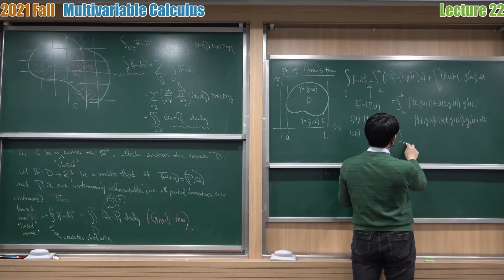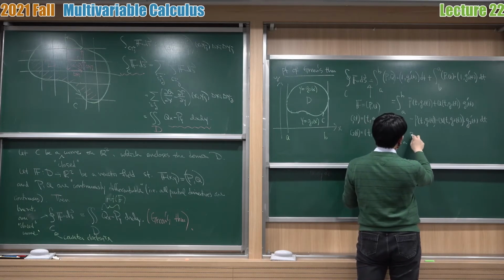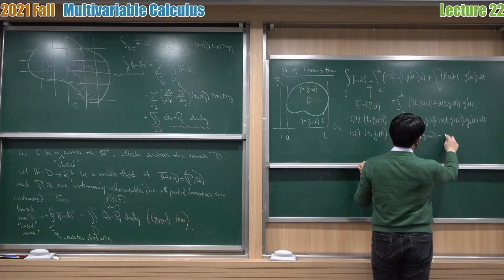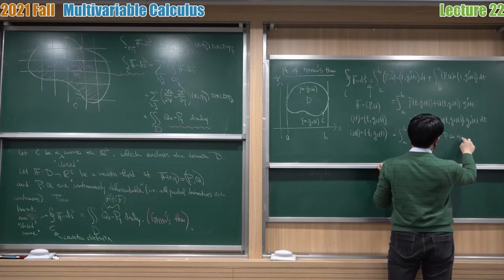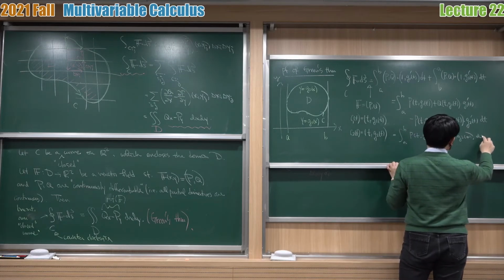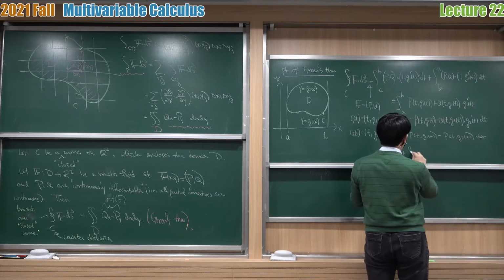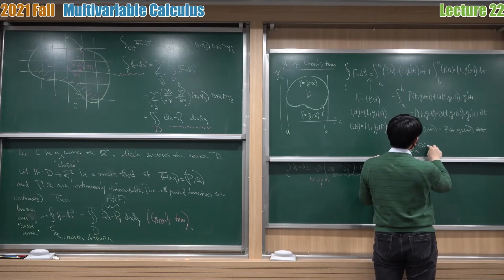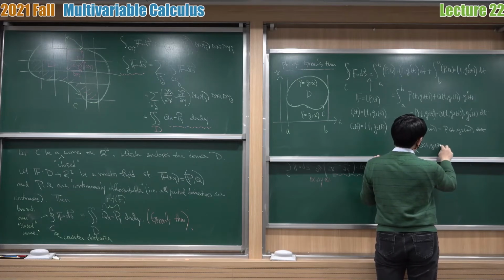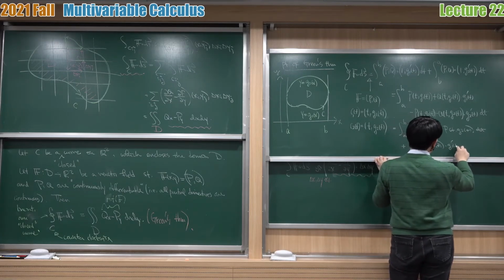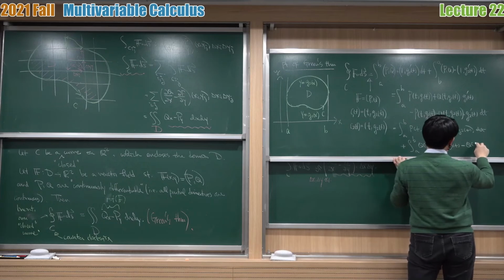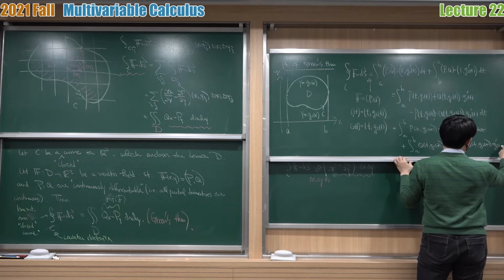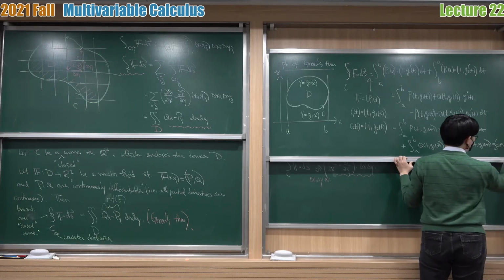I'm going to think about P(t, g1(t)) minus P(t, g2(t)) first, and then the integral from a to b of Q(t, g1(t)) g1 prime of t minus Q(t, g2(t)) g2 prime of t dt next. Okay?